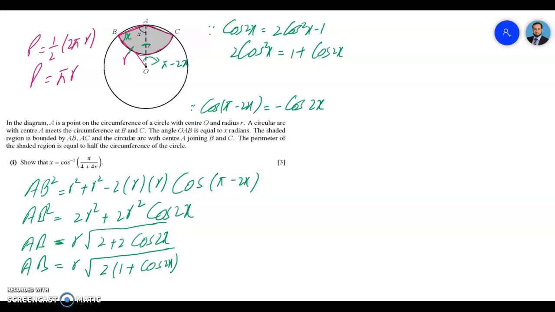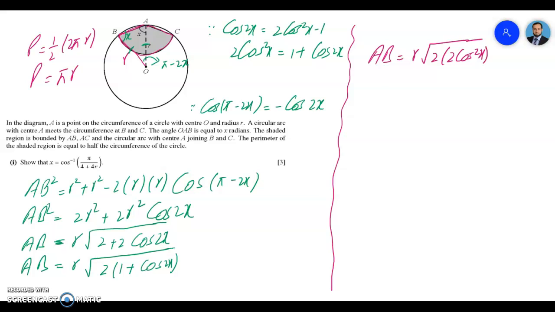If we replace this with the identity, AB is equal to r root of 2 times 2 cos squared x, which is r times root of 4 cos squared x, and once we take the square root, this will be 2r cos x.